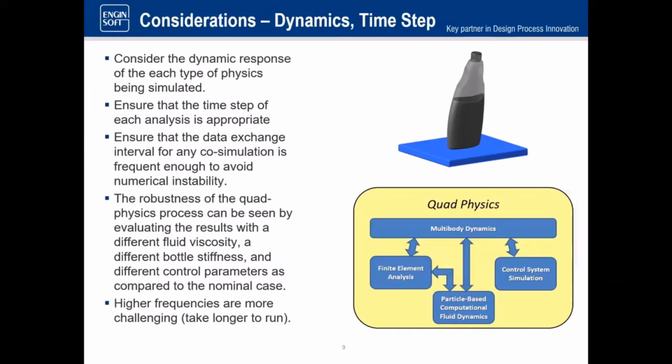And so as you're solving the system through time, data is being exchanged. In the case of Particleworks with RecurDyn, that's automated, and the handshaking, the data exchange, will be frequent enough to avoid any kind of numerical instability.